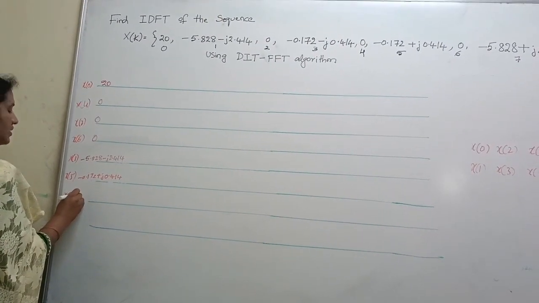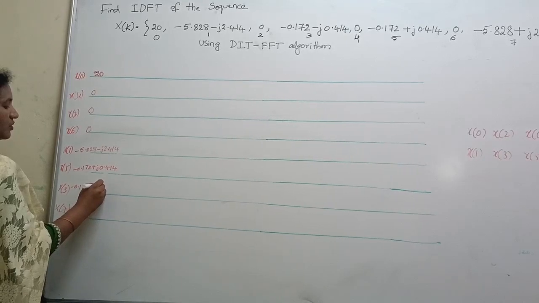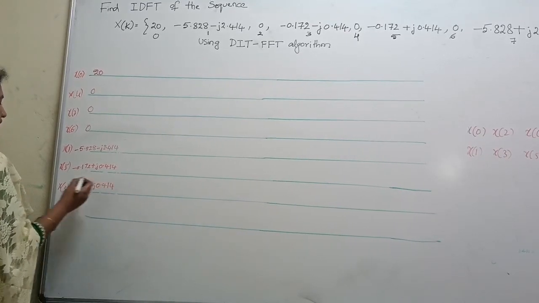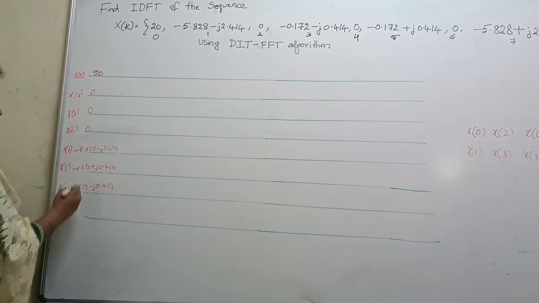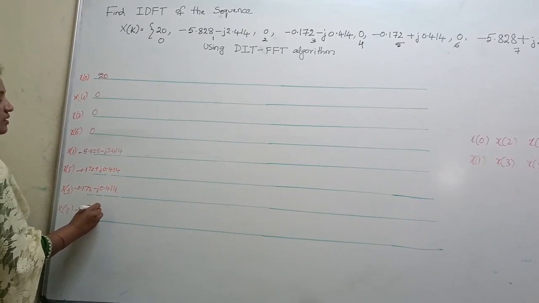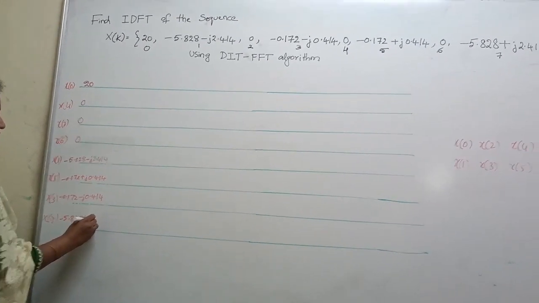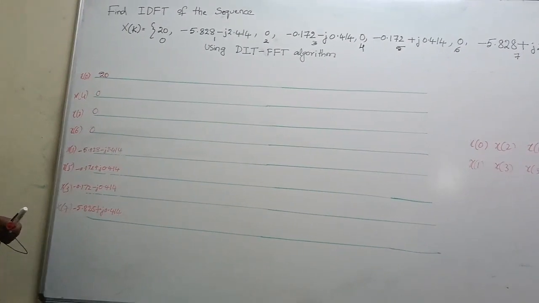So the same sequence 0.172 minus j 0.414. I think x of 7 will be the complex conjugate for this. 5 minus 5.828 plus j 0.414. I think it is visible to you.